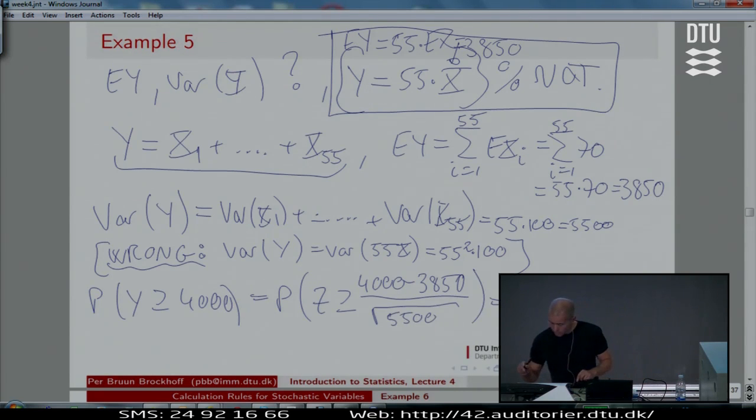I get this number to be 2.02. Probability of going beyond 2.02, if I use either table 3 or the pnorm function in R, would give me something like 2%. Roughly 2 out of 100 cases this will happen in this case.